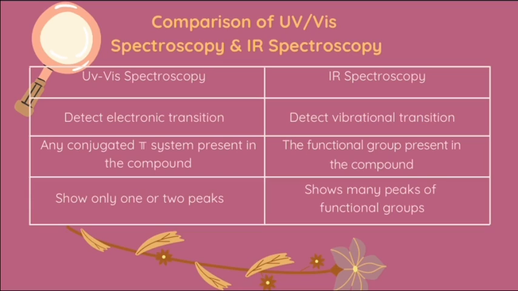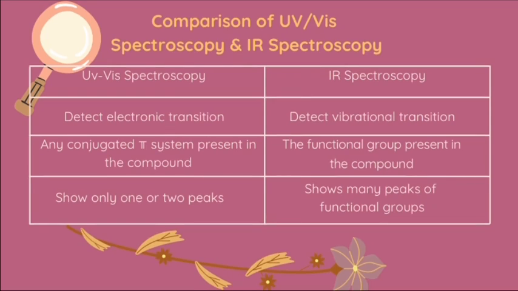Other than that, UV visible spectroscopy will detect any conjugated pi system present in the compound, while IR spectroscopy will detect the functional group present in the compound. Also, UV visible spectroscopy will show only one or two peaks in the spectrum, but IR spectroscopy will show many peaks of functional groups in the spectrum.